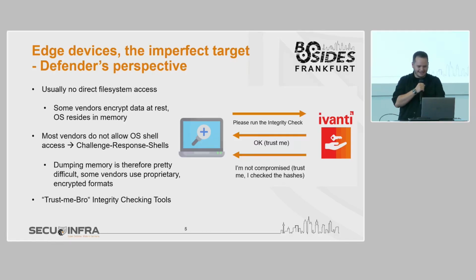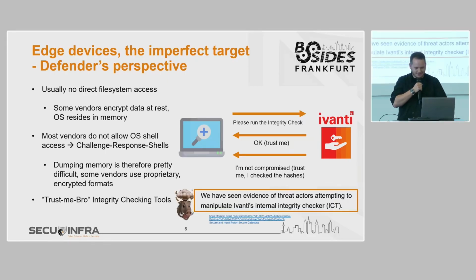And this tool is mainly implemented through checking hashes and some sanity checks on the file system. So it's not really a good indicator of whether the device is clean or compromised. And even Ivanti got that message somehow, somewhen, and it was kind of a mind-blowing discovery for them that some threat actors actually actively manipulated the tool. Yeah, so there's that.